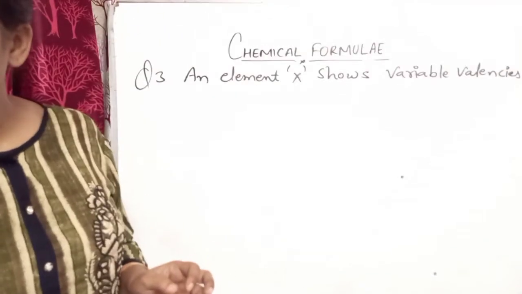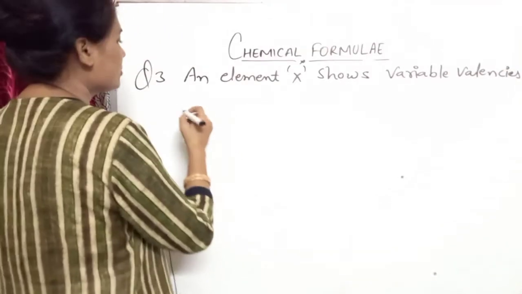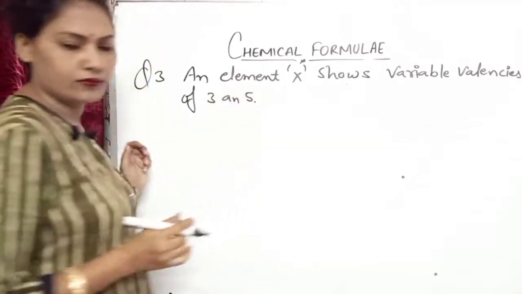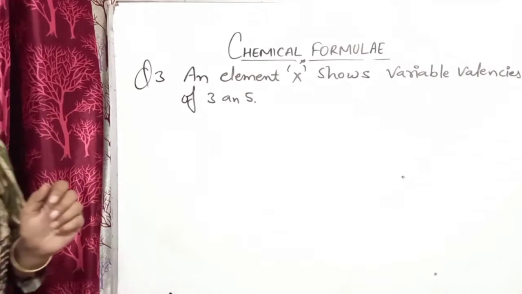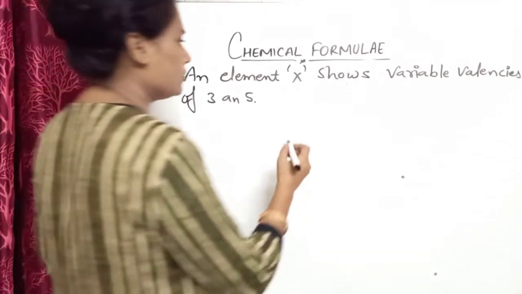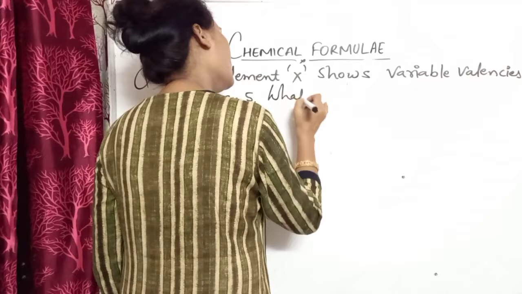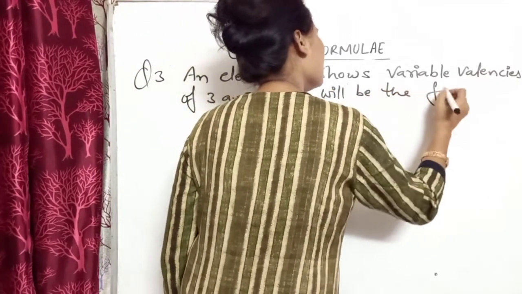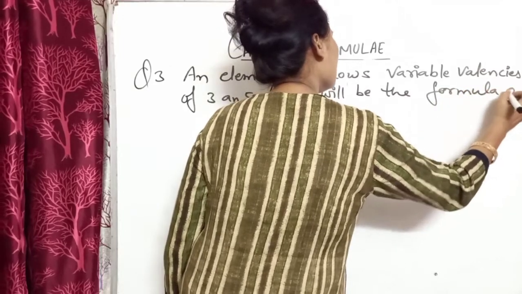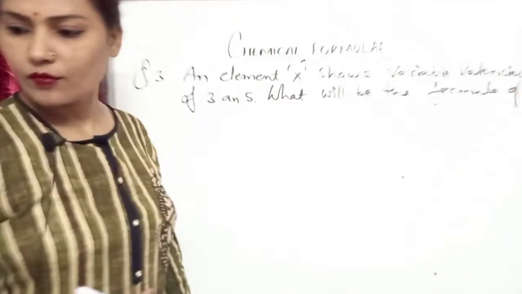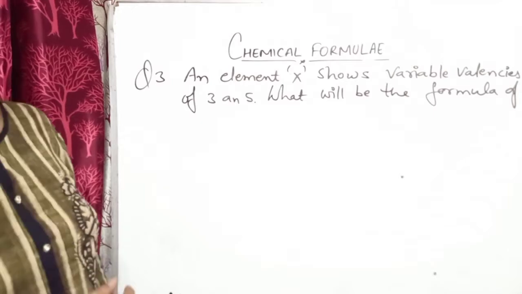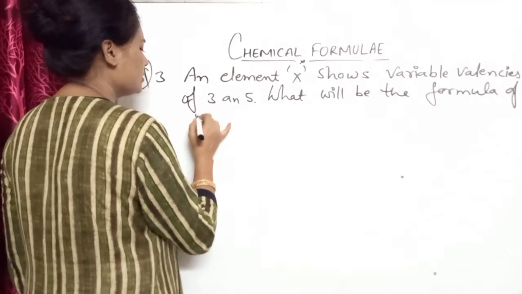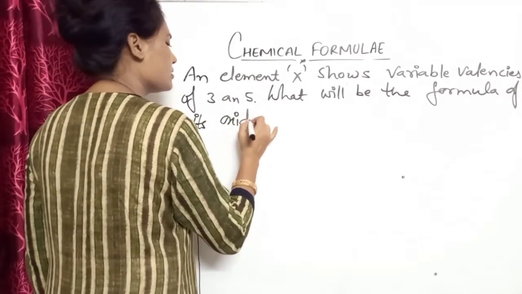So variable valencies of 3 and 5, what will be the formula of its oxides?